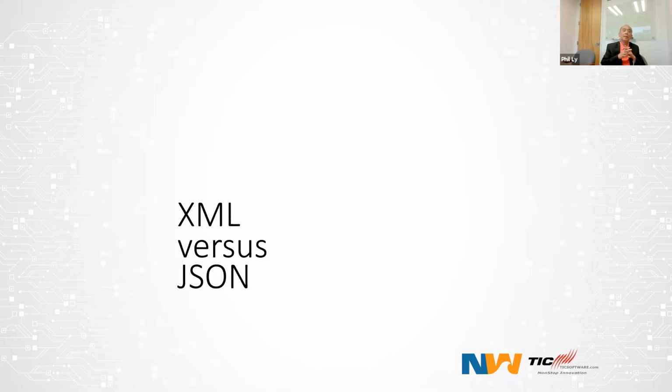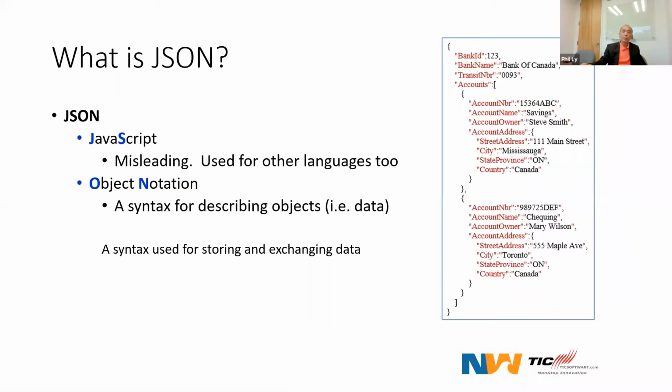So again, just very quickly, I know that most of you probably know XML and JSON, but I just want to give a quick rundown. JSON provides the same function as XML in that it is a way to store and exchange data across platforms. If you remember, one of the reasons XML makes it easy to exchange data across platforms is that everything is ASCII text, so there are no binary numbers.